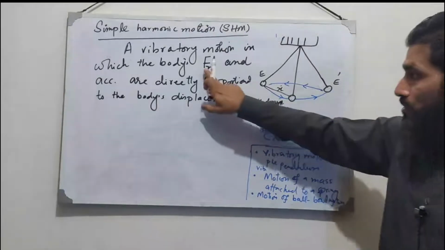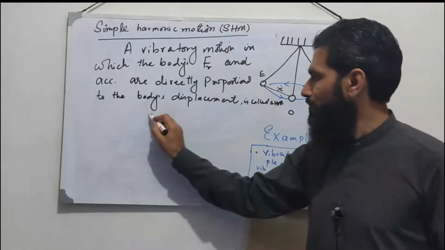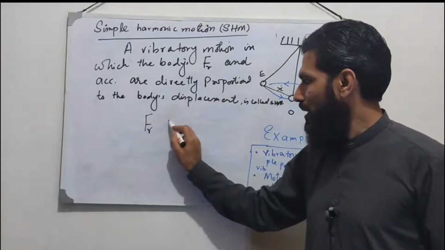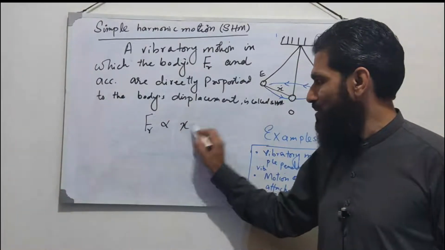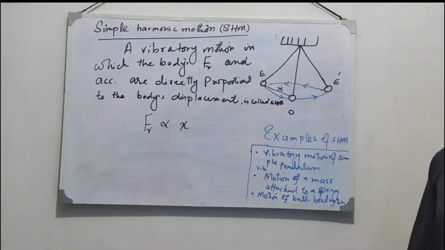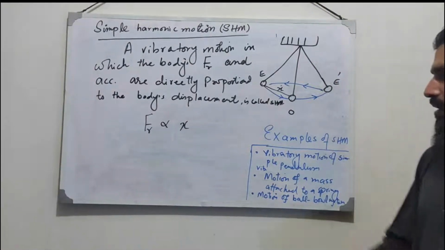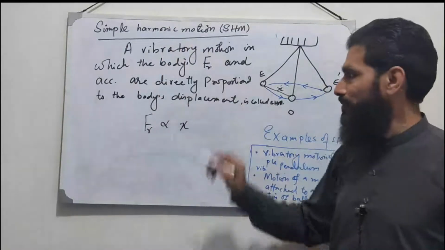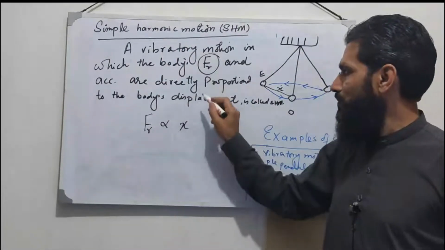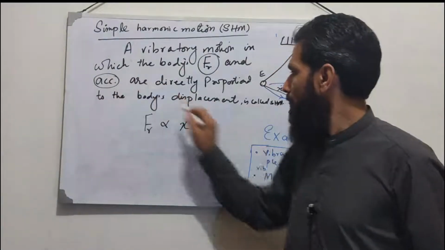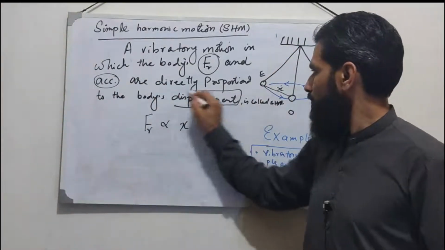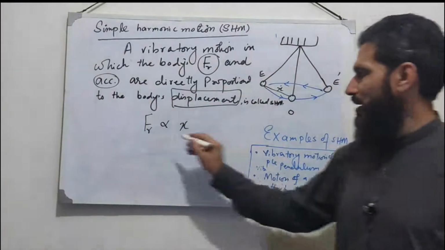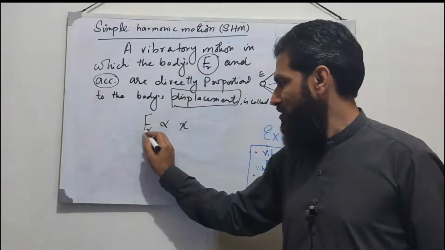So this restoring force is directly proportional to the displacement. This is the basic definition of simple harmonic motion. There should be a restoring force, there should be displacement, and there should be a vibratory motion. And secondly, acceleration. How does acceleration come in?